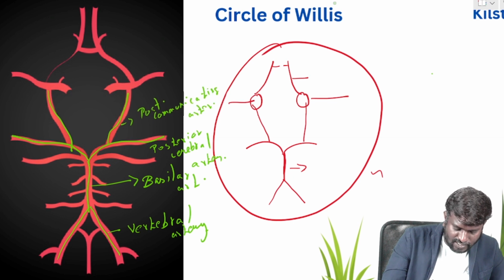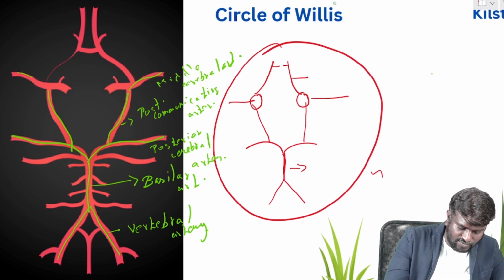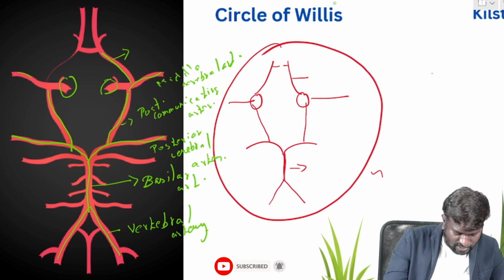Here we have the middle cerebral artery, and then we have the internal carotid artery. Along with that we have the anterior cerebral artery, which is going just above like this.